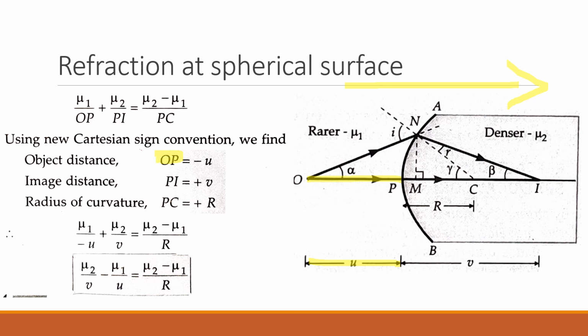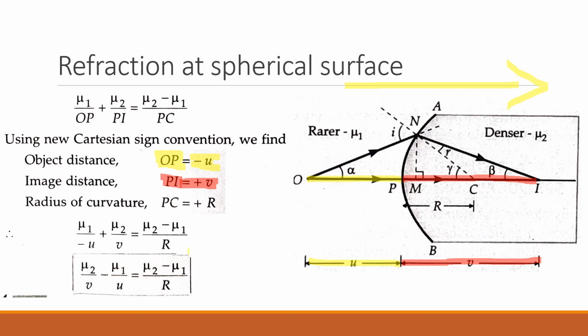Since it is opposite to the incident light, I'll write minus u. Your image distance Pi, which is denoted by v, is in the direction of the incident light, so Pi equals plus v.